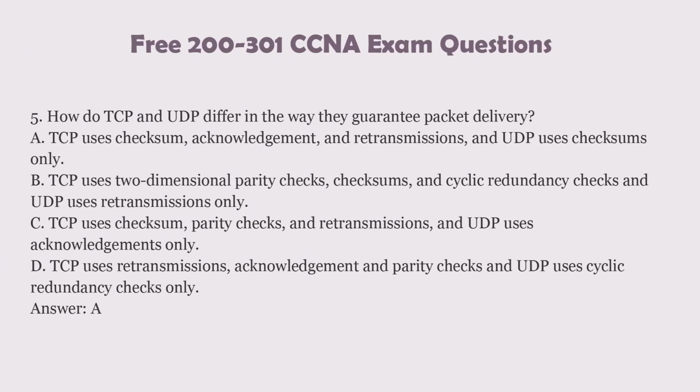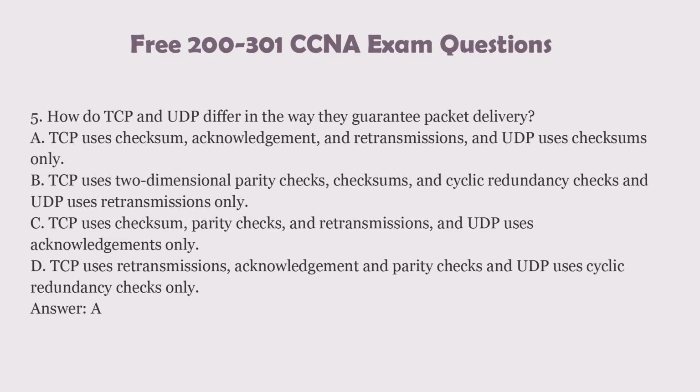5. How do TCP and UDP differ in the way they guarantee packet delivery? A. TCP uses checksum, acknowledgement, and retransmissions, and UDP uses checksums only. B. TCP uses two-dimensional parity checks, checksums, and cyclic redundancy checks, and UDP uses retransmissions only.